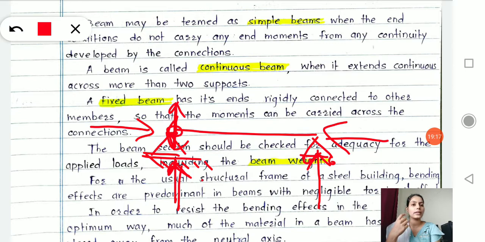Now if I say there is a reaction, you must understand reactions only develop when we do not allow a movement, or we restrain the movement, correct? Therefore we can say the simply supported beam, like I showed in the picture, is not allowed to move in the horizontal and vertical directions.